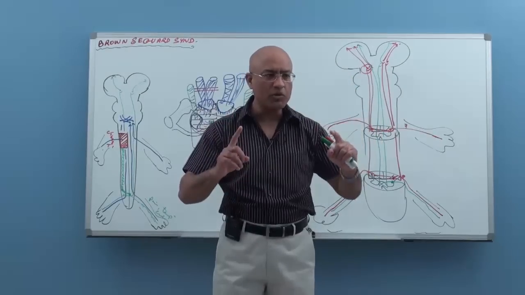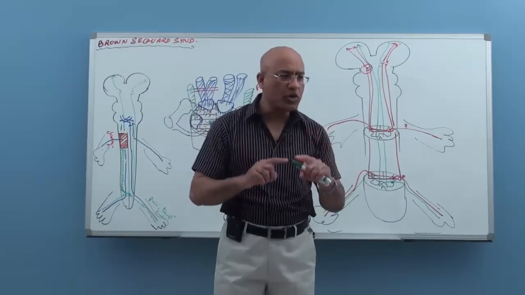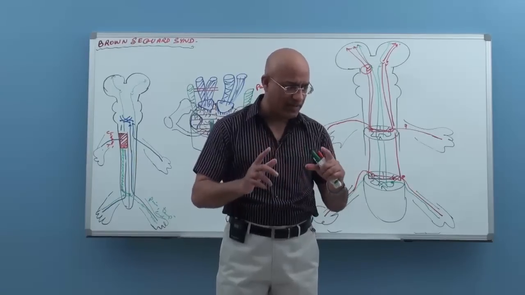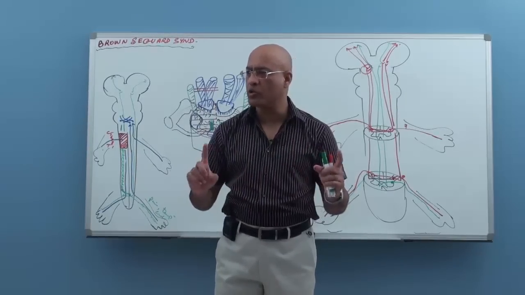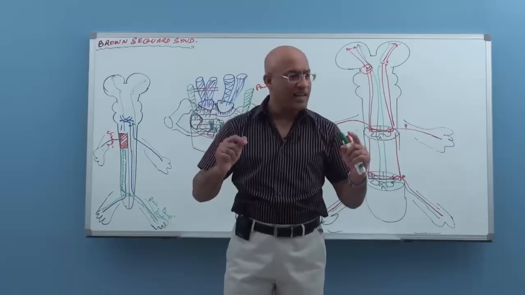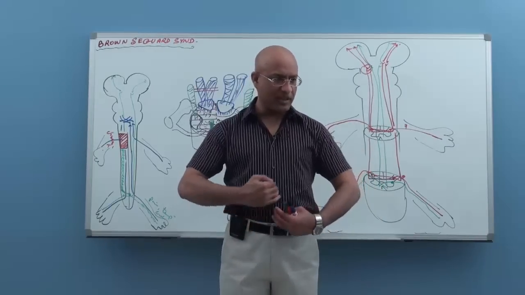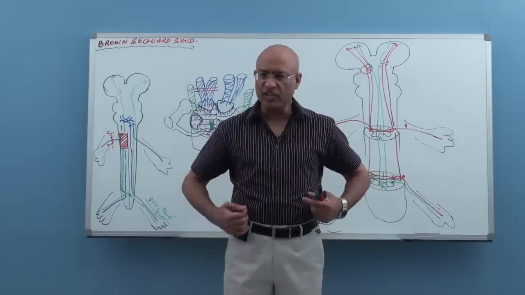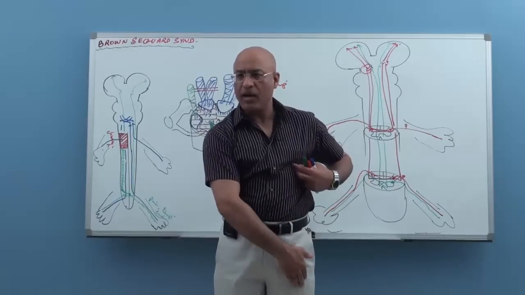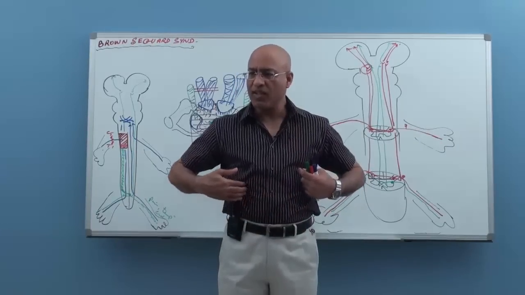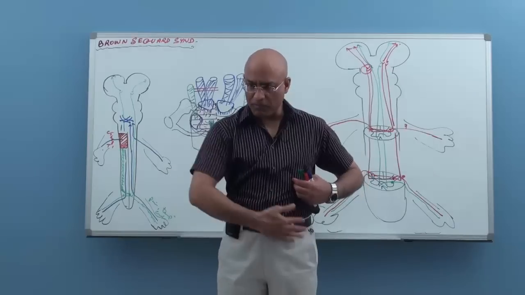But when we talk about pain and temperature and crude touch, tickling and itching, these are going through the spinothalamic tract. At the point of entry, they cross over. So right sensations go to the left side and left spinothalamic sensations come to the right side.